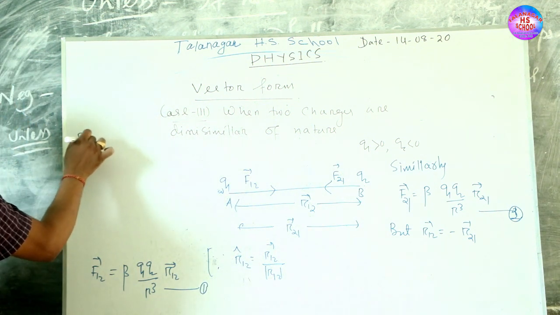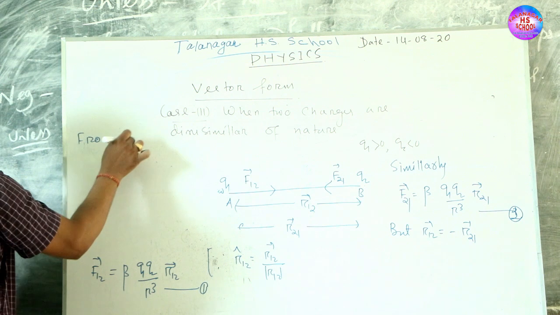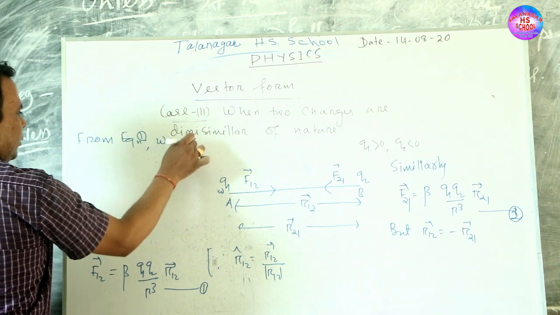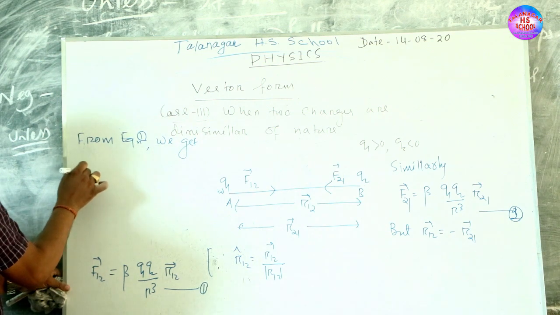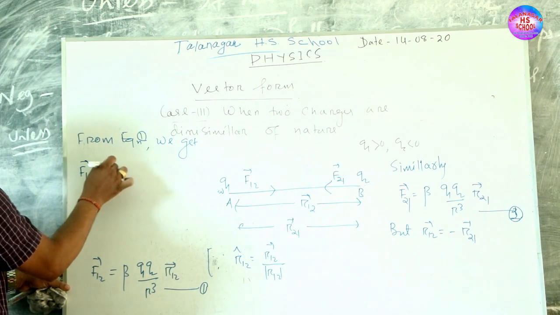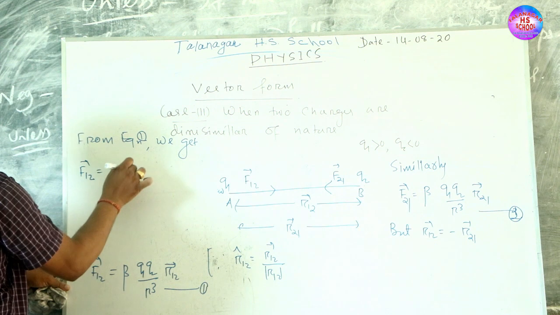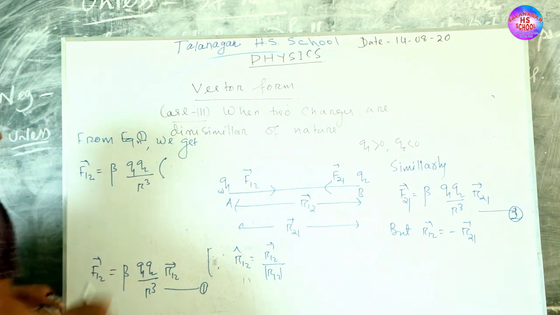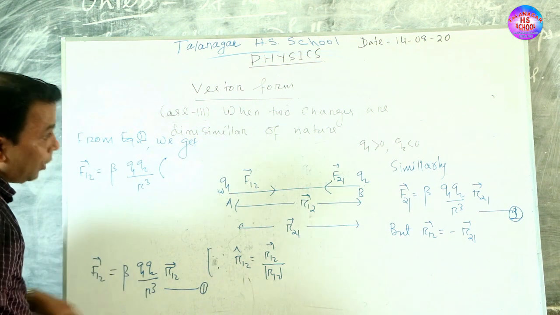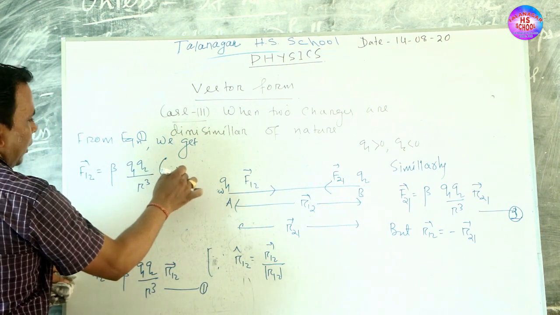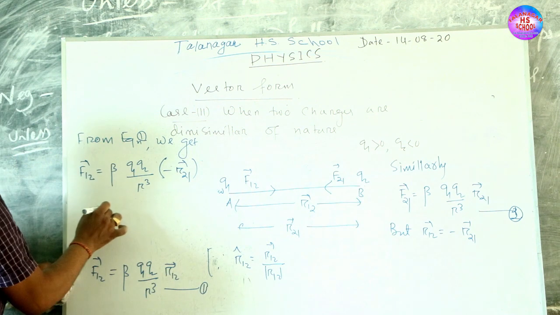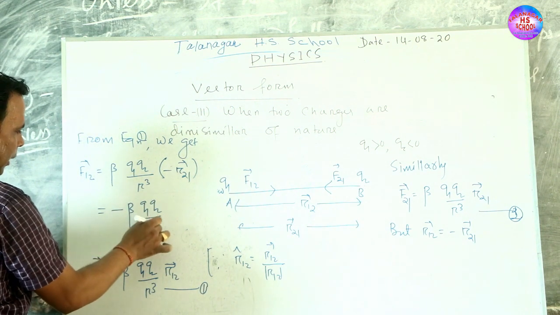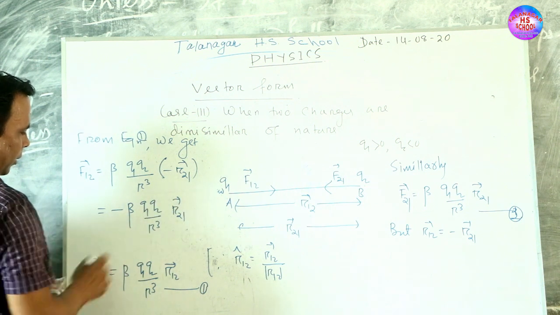From equation 1 we get F12 is equal to beta Q1 Q2 by r cube. Here, substituting the value of R12 as negative of R21, we get negative beta Q1 Q2 by r cube into R21 vector.